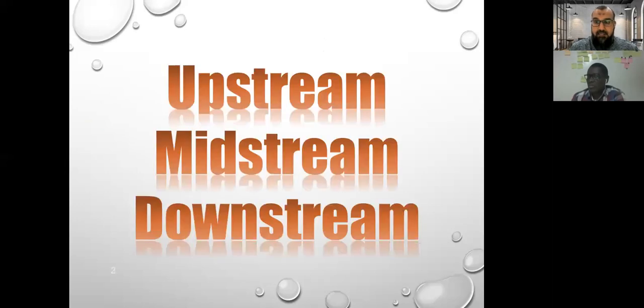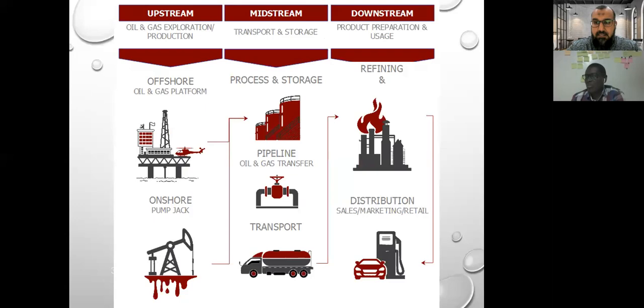Let's speak in details. Upstream, midstream, and downstream. If you follow me in the last lecture, we spoke about the upstream and the difference between it and midstream and downstream.